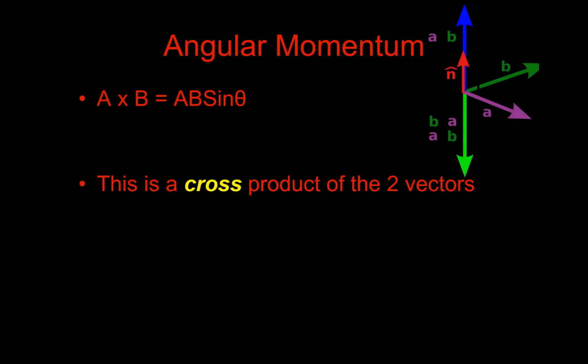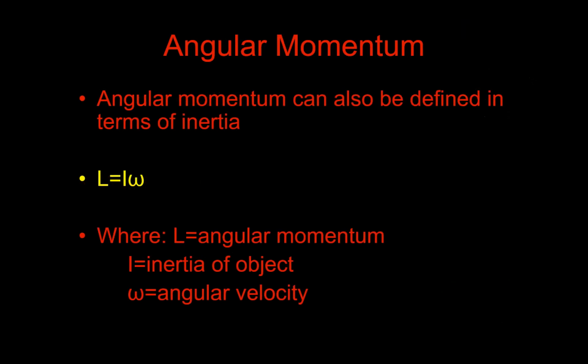So of course, with angular momentum, A cross B is AB sine theta. So L is equal to mvr sine theta. And that sine theta would be the angle between v and r. Angular momentum is quite often also defined in terms of the inertia of the body.